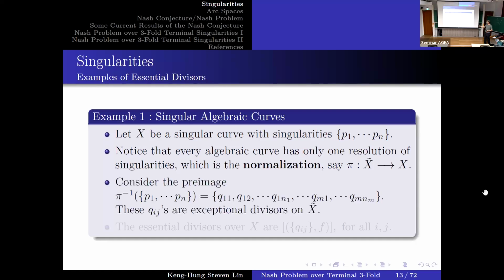So obviously, all divisors on the normalization are essential divisors of X. Right, so the essential divisors over S are all the divisors that appear on the normalization.